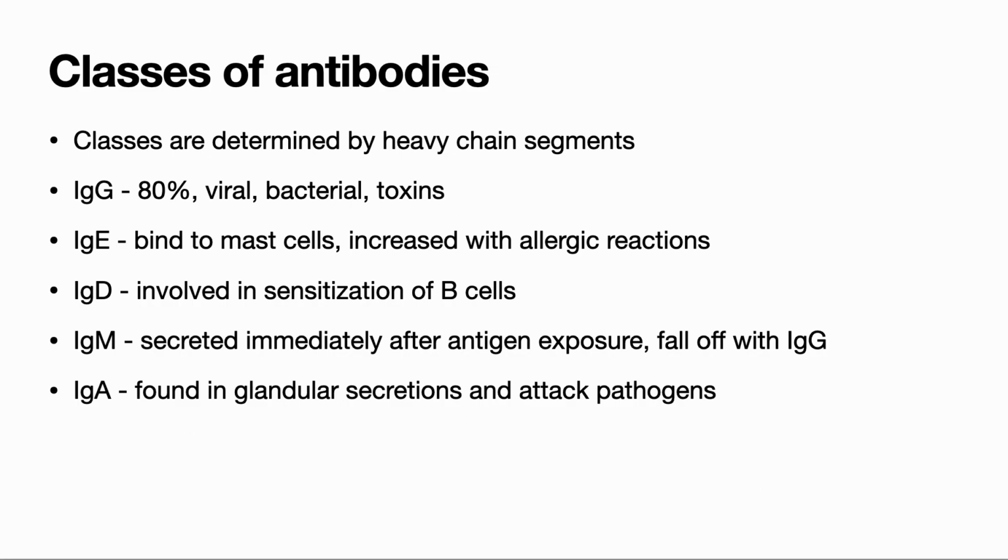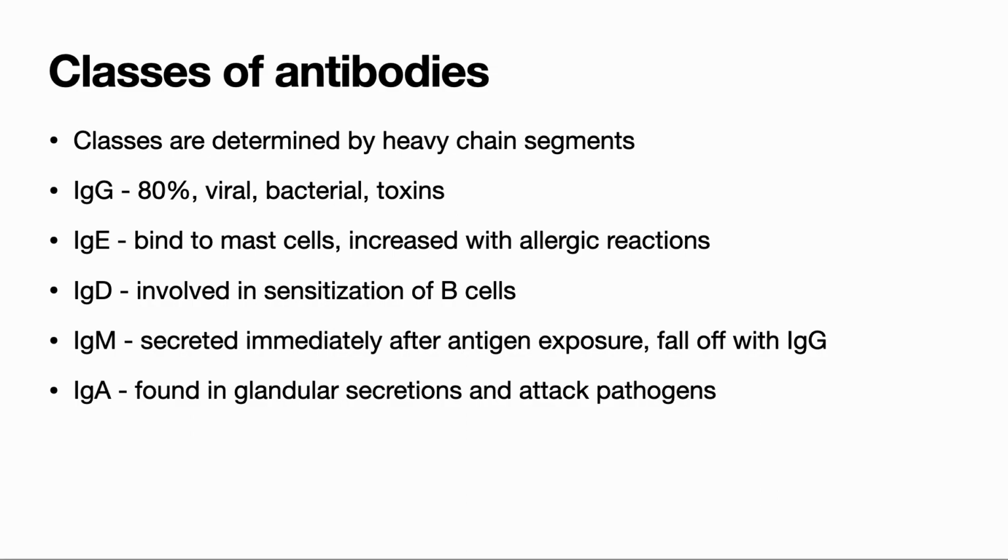IgM is actually secreted immediately after an antigen is encountered, but thereafter we see its concentration start to fall off because IgG starts to rise and accelerate, and so IgM isn't needed anymore.